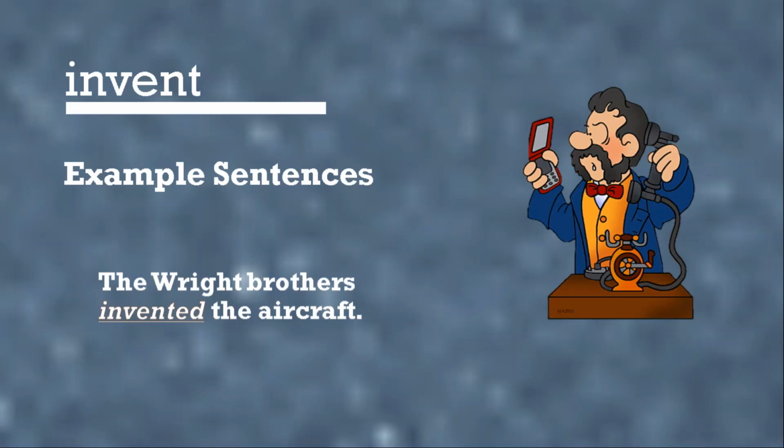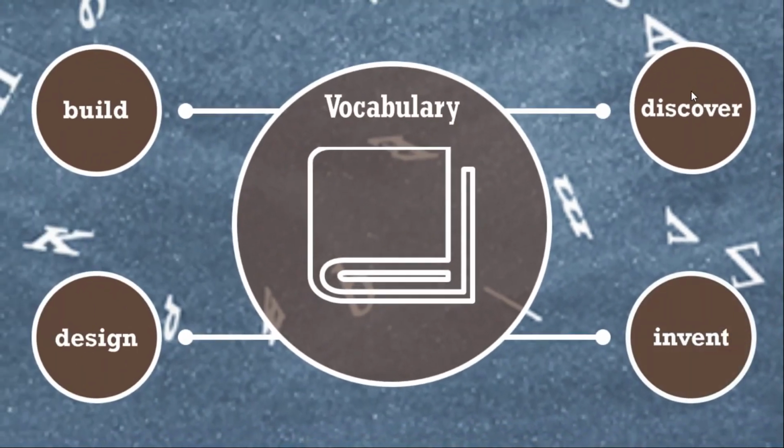So the word invent is used to talk about making something, to be the first person to make something. Okay, so these are the 4 words that we had in our vocabulary. We have build, design, discover, and invent.